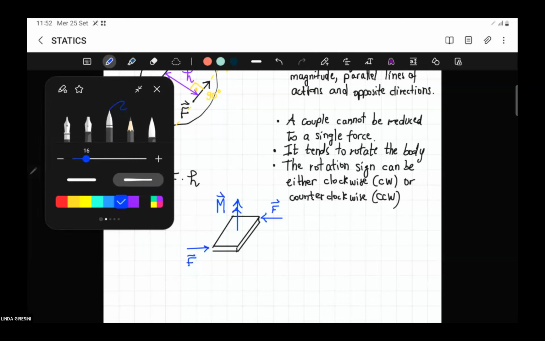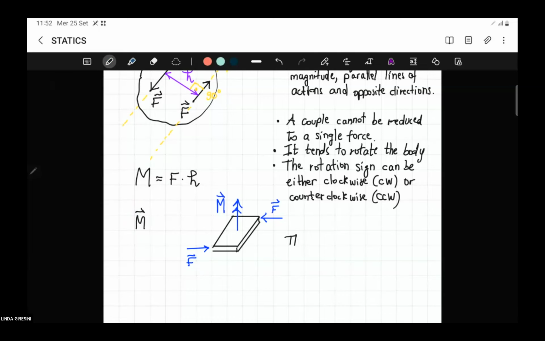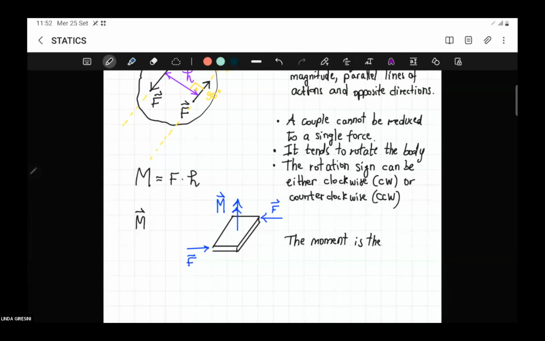So what is the moment? The moment is the effect generated by a couple of forces.